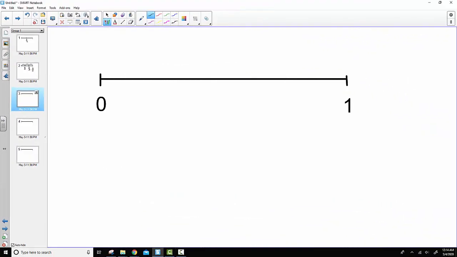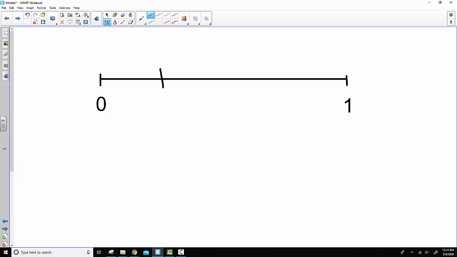It may seem repetitive, but let's continue with the same idea. Again, the line segment is from 0 to 1. And now with additional ticks, I have to find out how many parts are between 0 and 1. So I begin by counting from tick to tick. We see there's 1, 2, 3, 4.